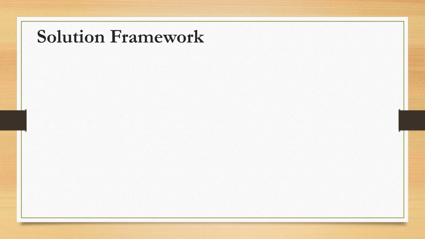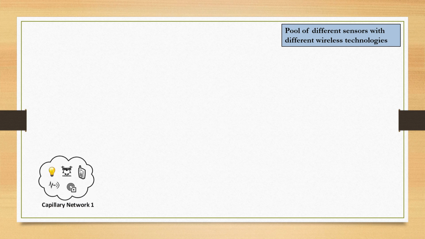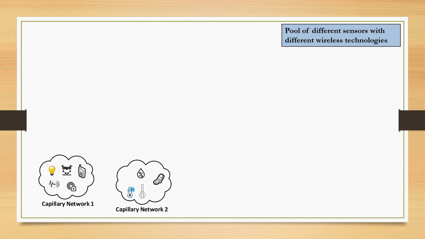The solution framework consists of three tiers that I'll be presenting now. Firstly, we have a pool of different sensors with different wireless technologies, such as Wi-Fi, Bluetooth, and Zigbee.